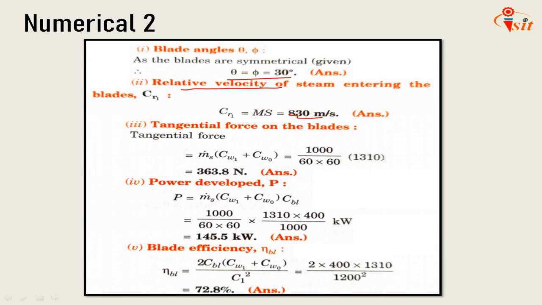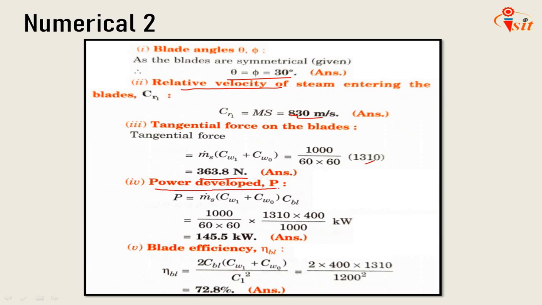So we substitute 1310 meter per second directly here. MS we need to convert into seconds: it is given as 1000 kg per hour, so divide by 3600, and you will get 363.8 Newton as the tangential force on the blades.